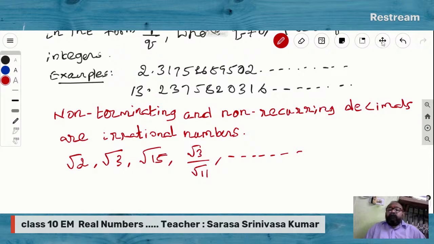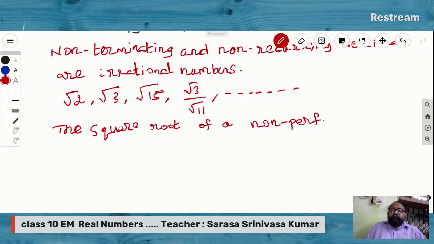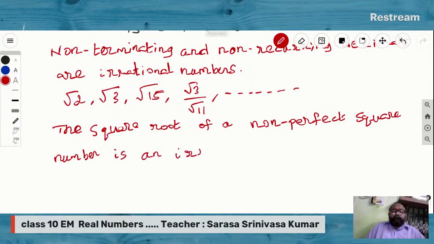So what we observe here is the square root of a non-perfect square number is an irrational number.